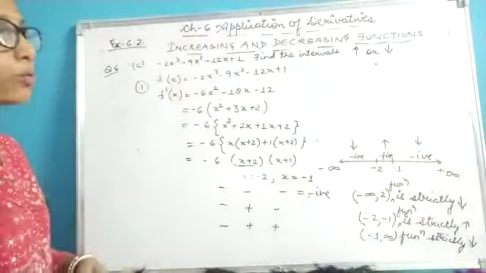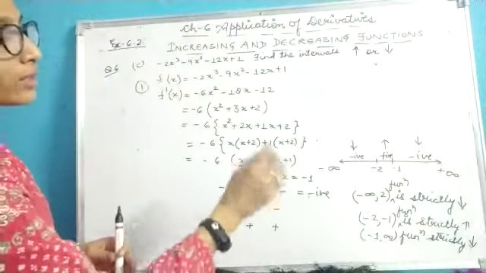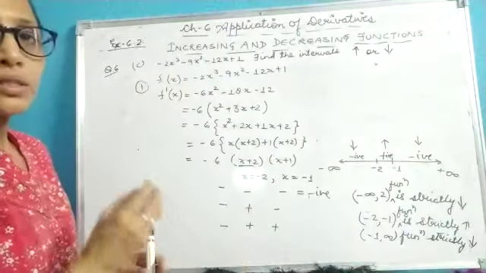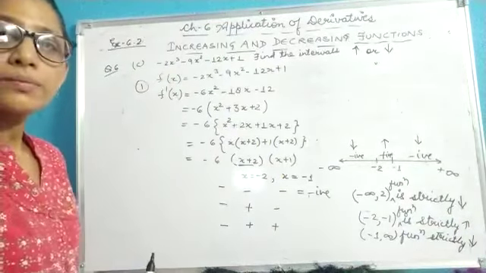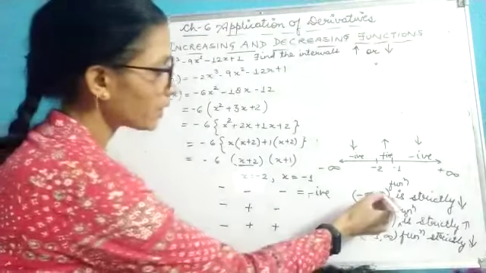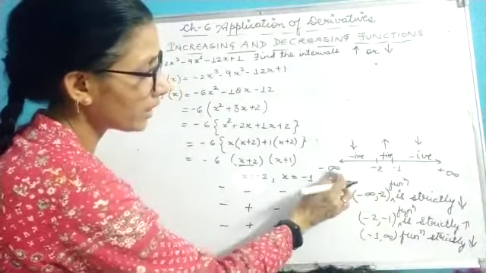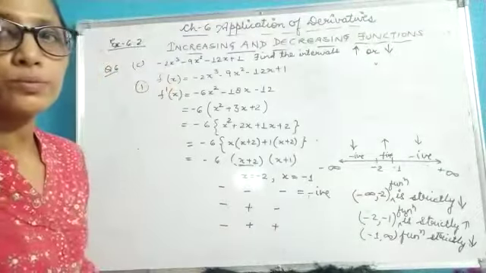So this is how we find out whether the function is strictly increasing or decreasing in the given interval. Children, this is minus 2 over here because this is minus infinity to minus 2.